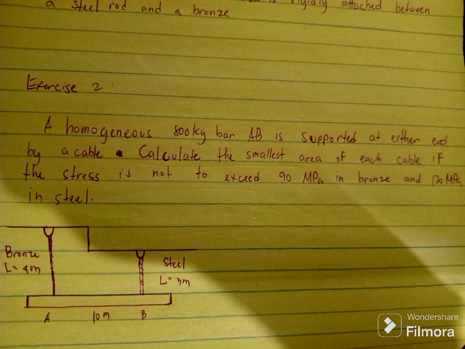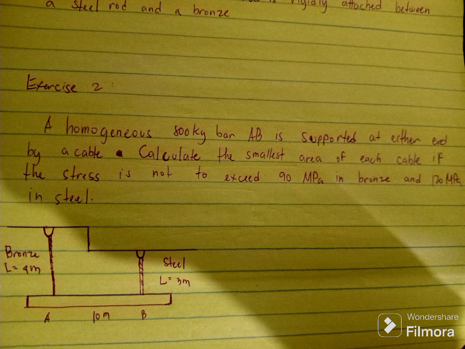Then we have here our second problem. A homogeneous 800 kilogram bar AB is supported at either end by a cable as shown in the figure. Calculate the smallest area of each cable if the stress is not to exceed 90 MPa in bronze and 120 MPa in steel.